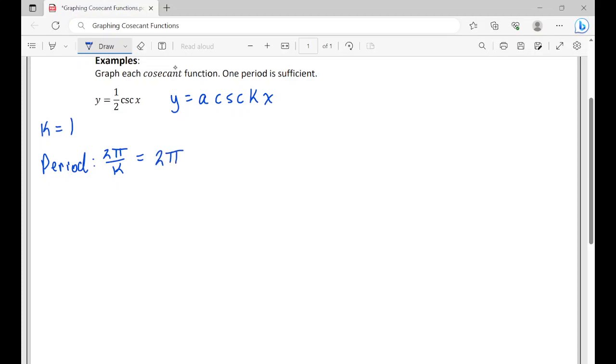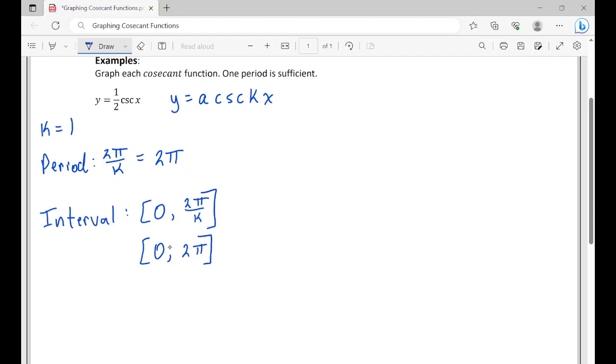Now for cosecant, we need to find some vertical asymptotes. And you can do that by finding the interval that we're going to graph. In this case, the interval is from 0 to 2 pi over k. And since we know what k is, the interval is going to be 0 to 2 pi.